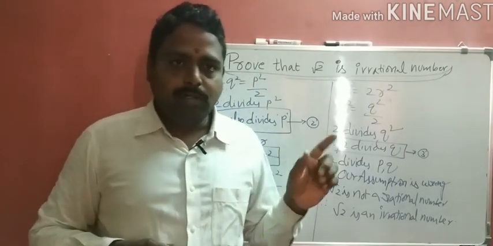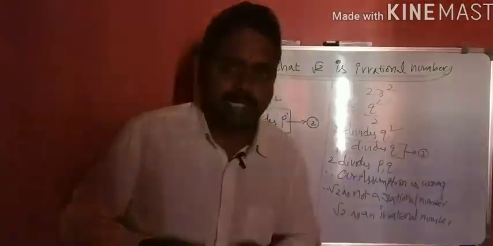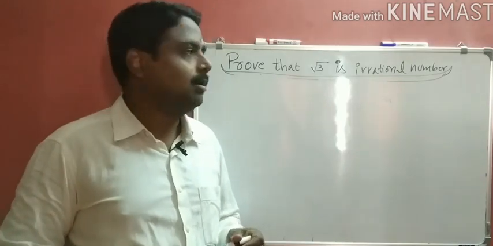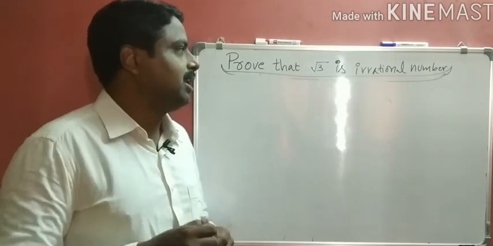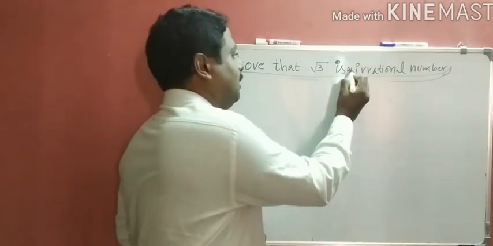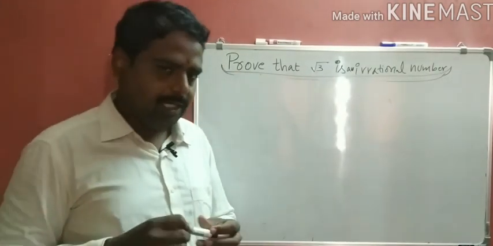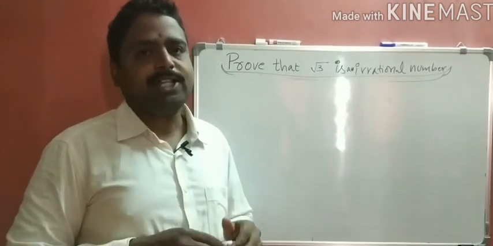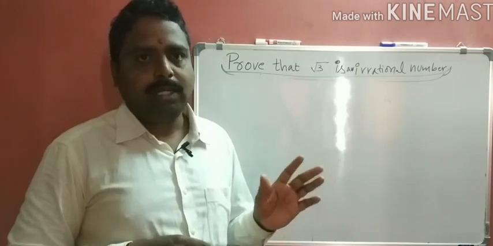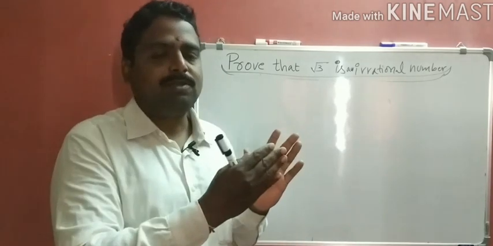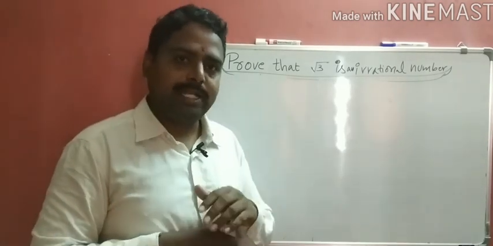Now I am going to do one another example. Okay, now let us take another example. Prove that root 3 is an irrational number. Similar contradiction method we have to use. So what are the steps we took to prove root 2 is an irrational number?